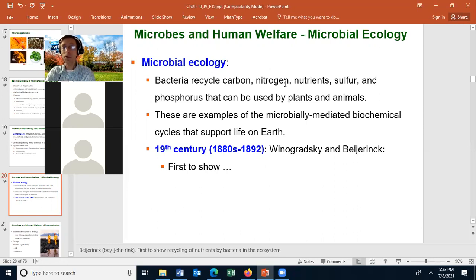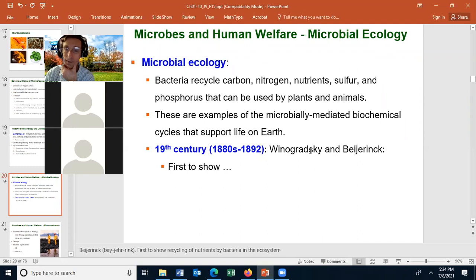The first people to discover microbial ecology were Winogradsky and Beijerinck, and they were the first to show that microorganisms can recycle the nutrients of bacteria in the ecosystem. And we'll talk a little bit more about them. The reason why they were able to do this is because they did not study pure cultures.